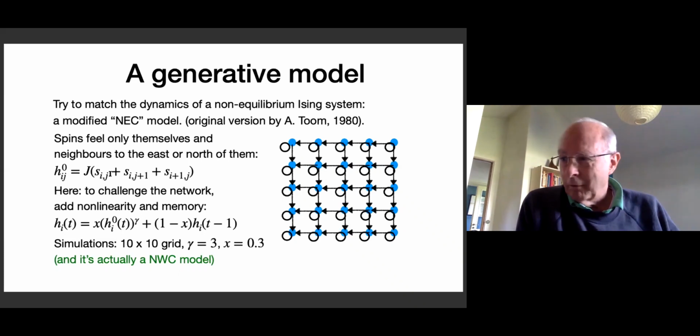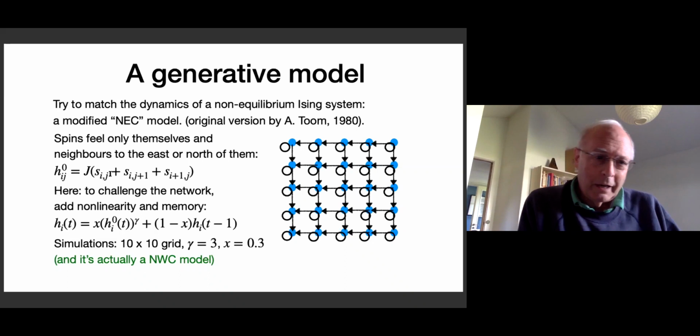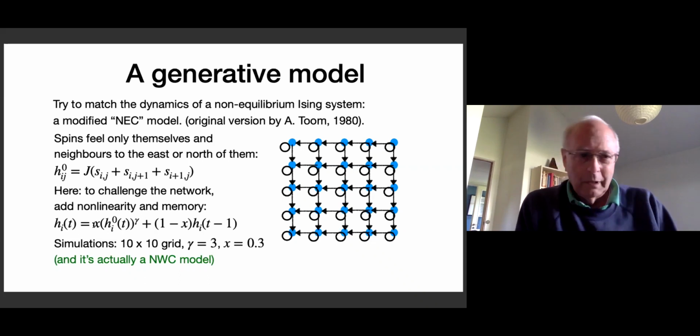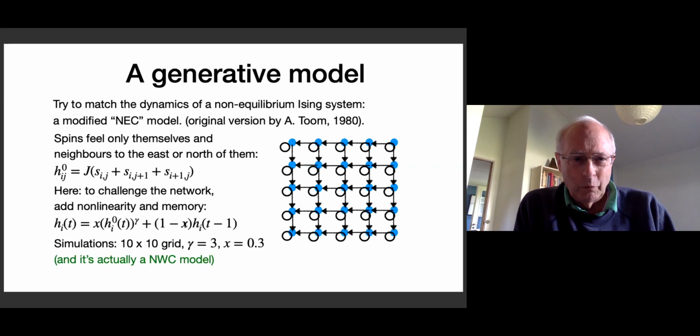So to challenge the network a little bit, we added a little nonlinearity. We raised this h to a power gamma, and each time step, we took the new h and only took a contribution proportional to x of that, and 1 minus x of its previous value.